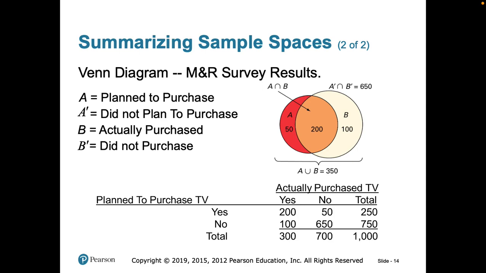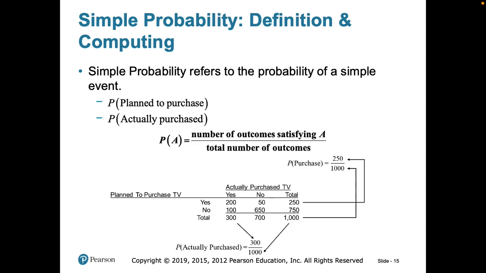So simple probability refers to the probability of a simple event, right? We have A, which is plan to purchase, and we have B, that actually purchased. So the probability of A is the number of outcomes satisfying A, divided by the total number of outcomes. In this case, you want to find out how many people actually purchased a TV, right?